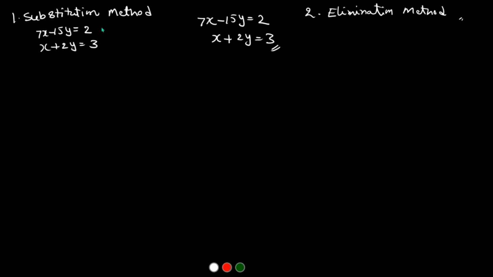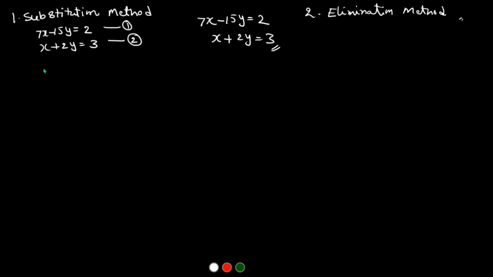Let's take this as equation 1 and let's take this as equation 2. From the first equation we will write either x or y separately and substitute that into the other equation, so that we are indirectly eliminating one of the variables and finding the other variable. Let's see how to do that.